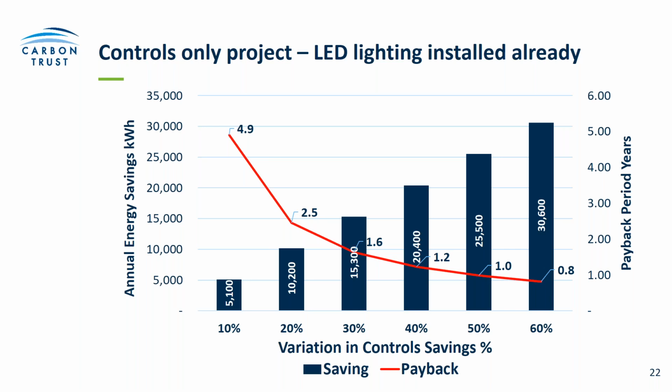So assuming a cost of around 2,500 to install control solutions, if they were to do that and see a 10% improvement in their lighting energy use, that would have a payback of just under 5 years. If they were to see greater control savings of around 30%, you can see how effective that is at around 1.6 years.